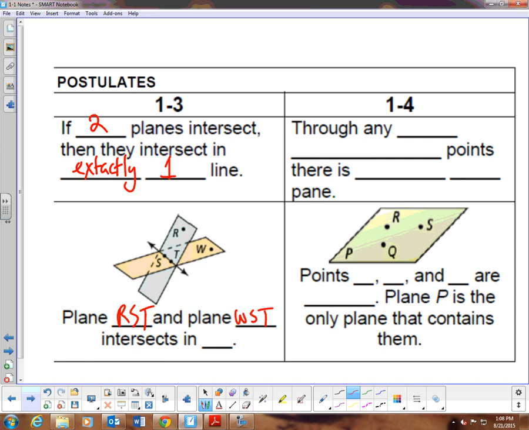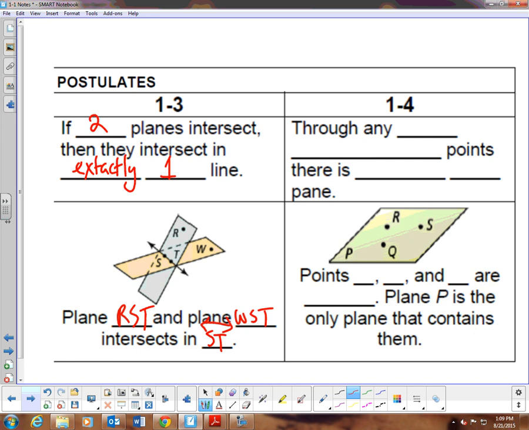There's no commas or anything, all capital letters. And they intersect at line ST. Remember, the intersection also is what do they have in common? And remember that planes go on forever. Even though we show them as rectangles or parallelograms that stop, remember that the planes go on forever, and so their intersection has to go on forever. Okay?